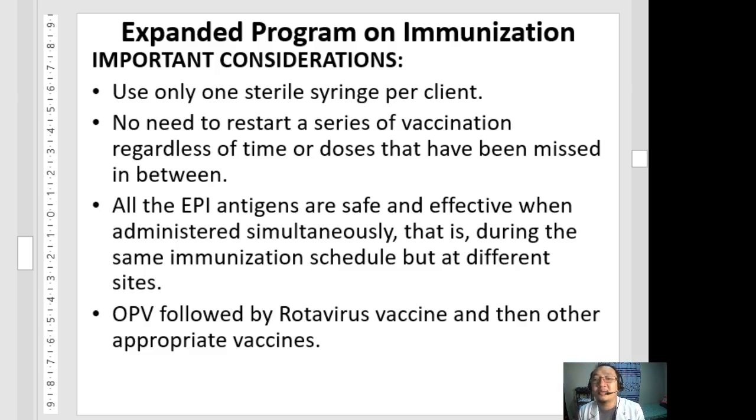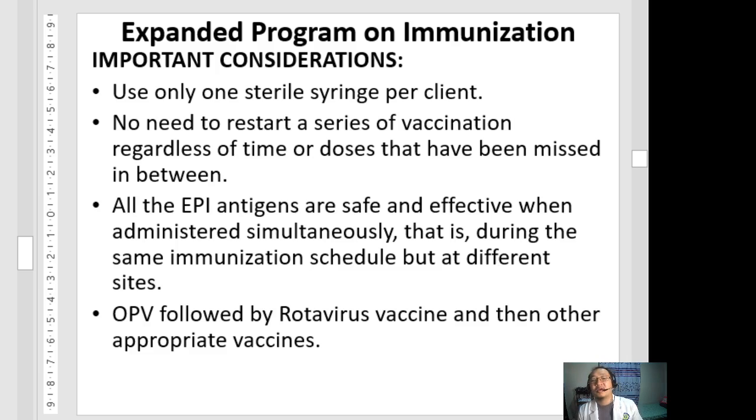Okay, all the EPI antigens are safe and effective when administered simultaneously. That is during the same immunization schedule, but at different sites. We are not really saying all vaccines at one time, but scheduled vaccines at the same time. OPV followed by rotavirus vaccine and then other appropriate vaccines.